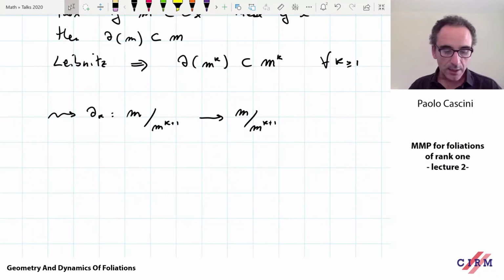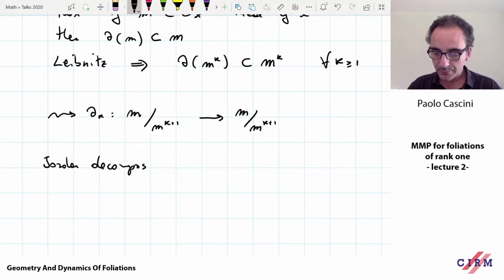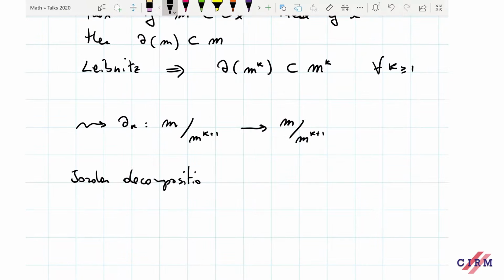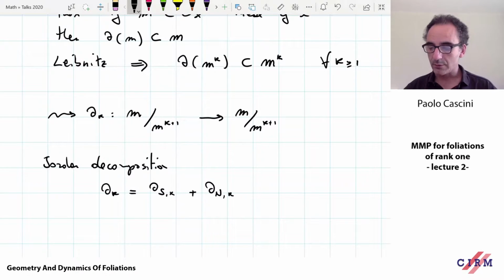So in particular, by using the Jordan decomposition, we can decompose δ_k as the semi-simple part, I should be more precise and write k here, and the nilpotent part of this endomorphism.